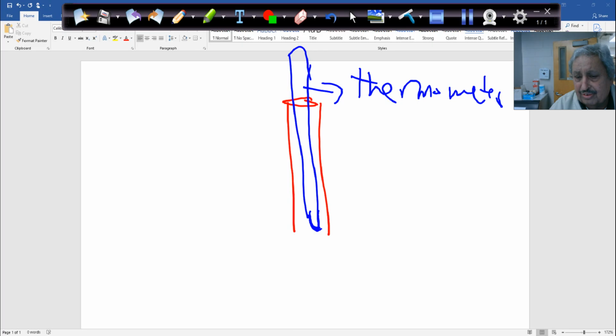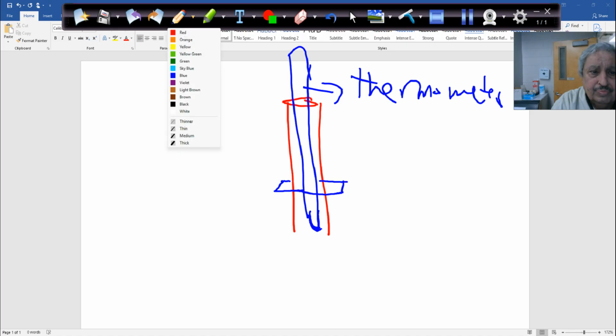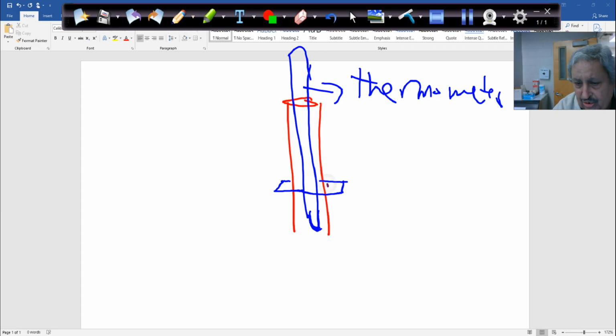And then here, somewhere sideways, there is a small tiny hole, very close to the thermometer. The big hole is for the thermometer.